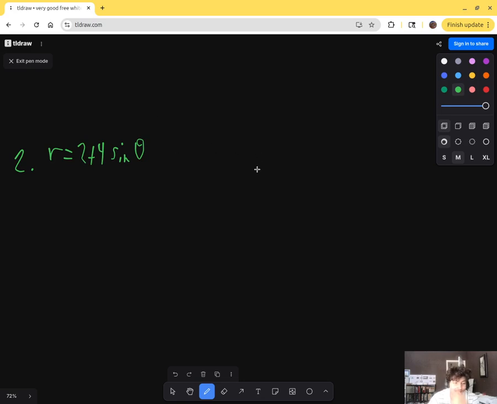So the outer loop is going to end at 6. When it's negative 1, we'll have negative 2. So the inner loop is going to be upwards, kind of like this. It's going to have a total height of 2.